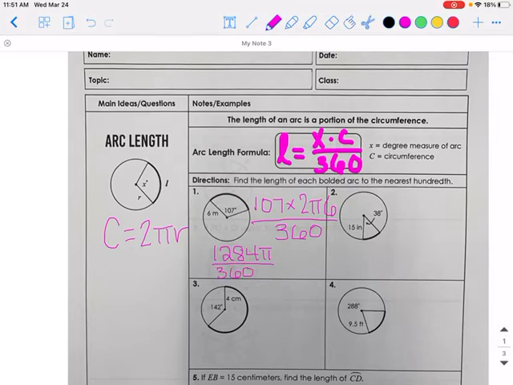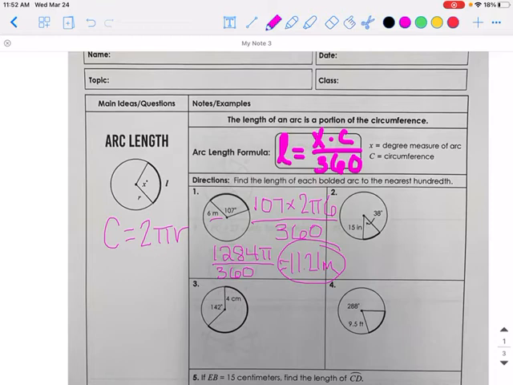And just typing that straight into a calculator, 1,284 times pi, all divided by 360, should give me around 11.21. And in this case, we're using meters. And there's your answer. So we're not technically finding the full circumference, we're just plugging in the circumference formula. Let's do that one more time here.